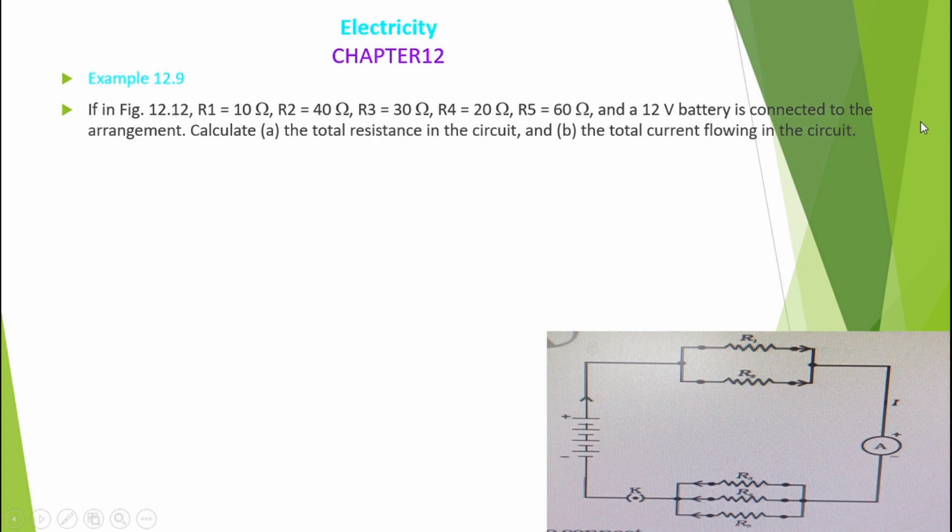So next example we'll see figure 12.2. This is figure.